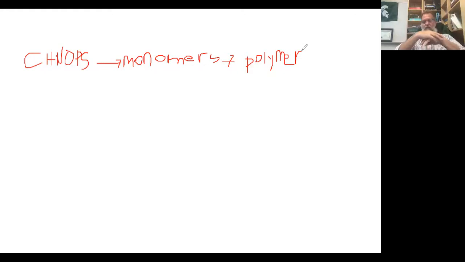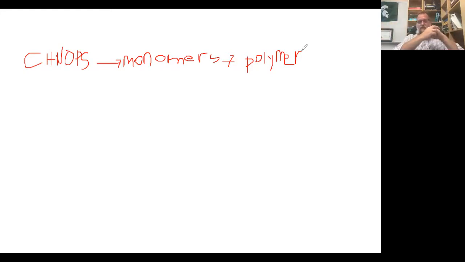But anyway, on a more basic level, monomers and polymers. One of the things that makes you living, makes you different from the chair you're sitting in or the table you may be sitting at, is that you have the ability to convert monomers into polymers and polymers into monomers. Non-living things cannot build monomers into polymers, which building, by the way, is synthesize.